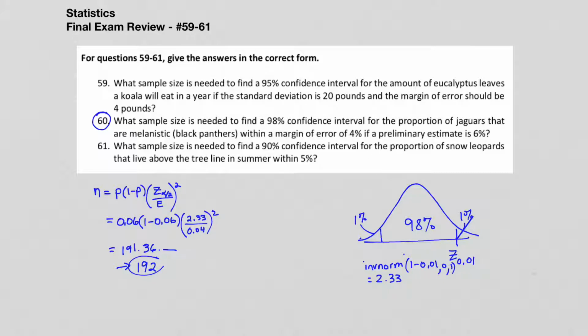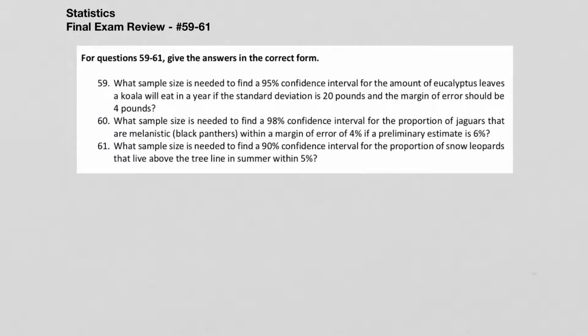Now let's take a look at problem 61. In this question, we want to know what sample size is needed to find a 90% confidence interval for the proportion of snow leopards that live above the tree line in summer within 5%. We're not given a preliminary estimate, so we're going to have to use a variation on the last formula that we used. And that's also given on the front of your exam.